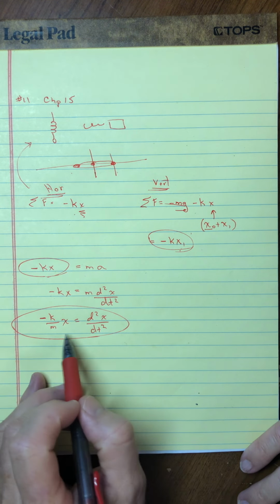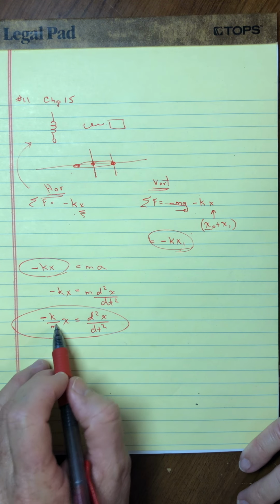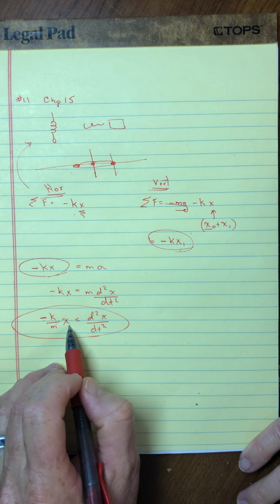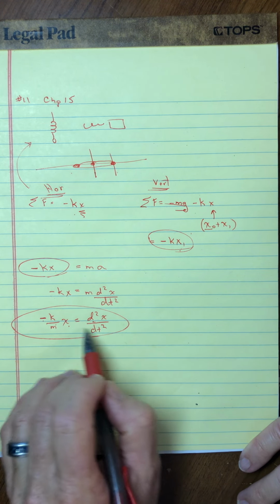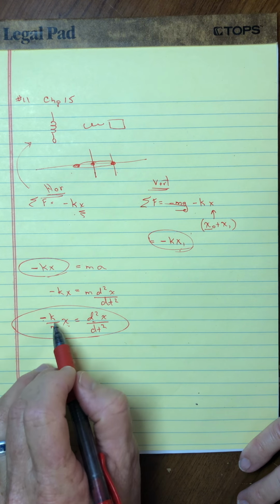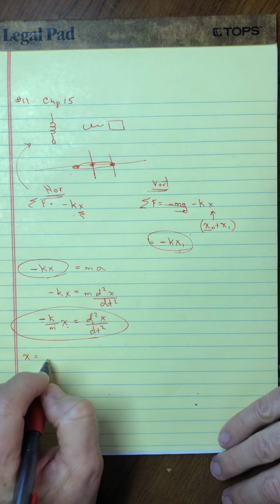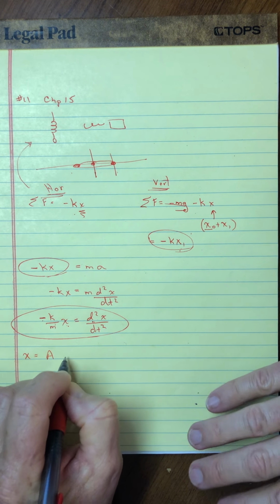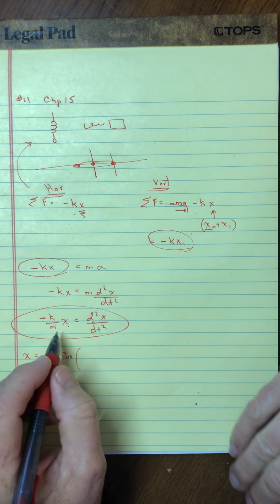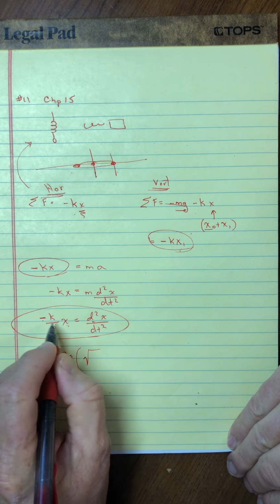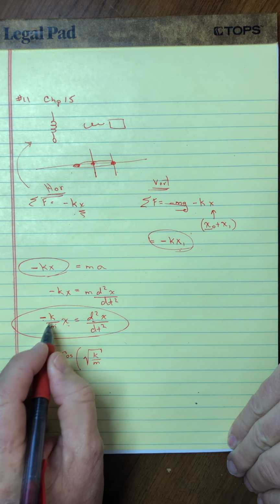And when we do that, if we ever end up with something that has a minus and some constants and then the function again, the solution to that, when you take a derivative of that function twice and get the same function back with a negative and the thing out in front, is that the solution is some amplitude and then cosine of, and it would oscillate back and forth, and the prefactor would be the square root of whatever's out in front here.